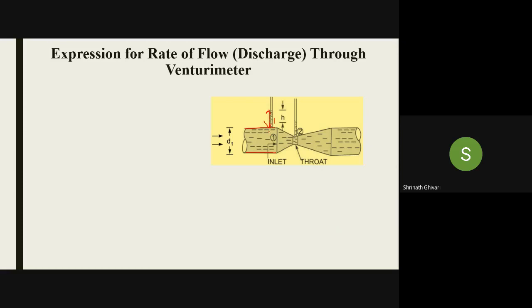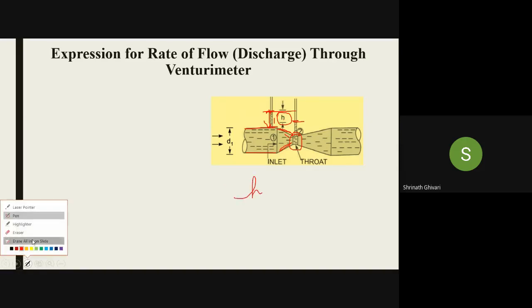When it flows through this pipe to the convergent part, the velocity increases and pressure decreases. Therefore, at this throat we are also measuring the pressure. At this point we are measuring less pressure compared to this one. So we are measuring the difference, that is called H. We are measuring the pressure head difference. So what is H equal to?